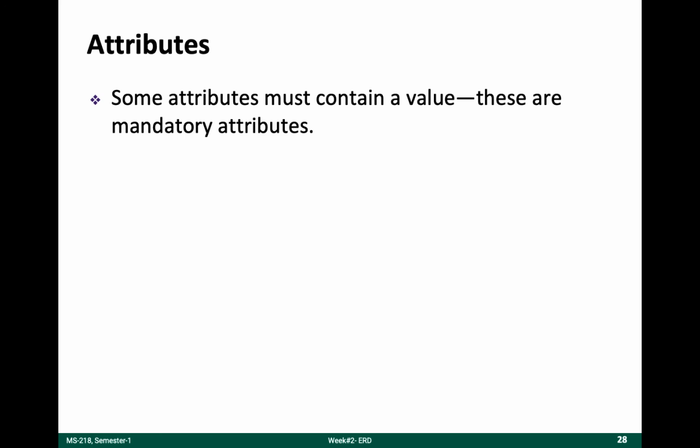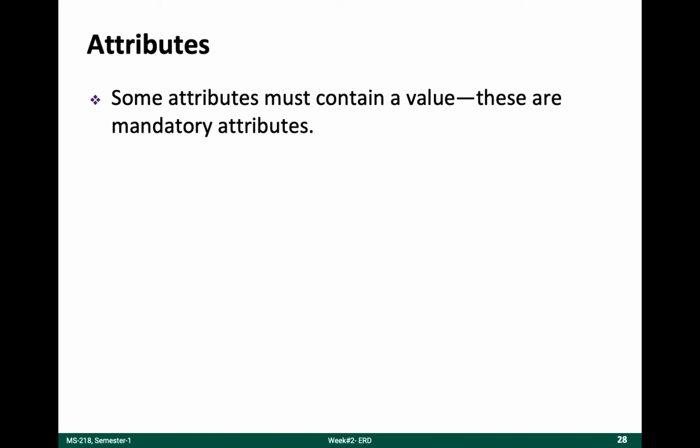Some attributes must contain a value. These are mandatory attributes. For example, is it possible that I am registering a new student and I am not adding his or her name at university level? No. It means that the name is mandatory. That attribute value should be there.